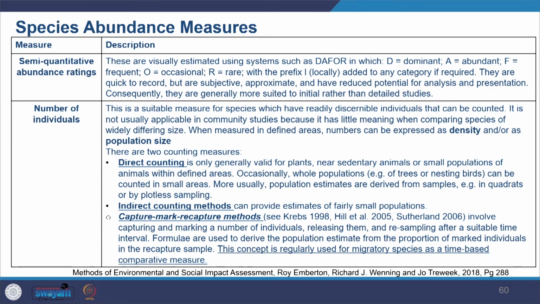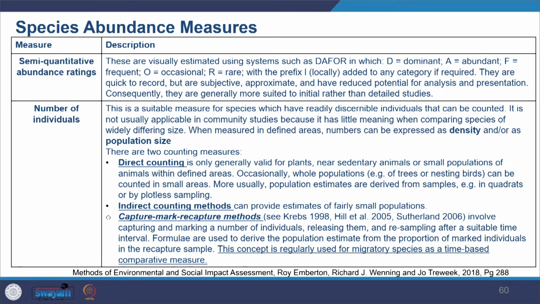But it gives the numbers, and it can also be expressed as density, number per unit area. You can tell what kind of species is available per unit area. And then you can also give the population size, what kind of population is there in your study area.